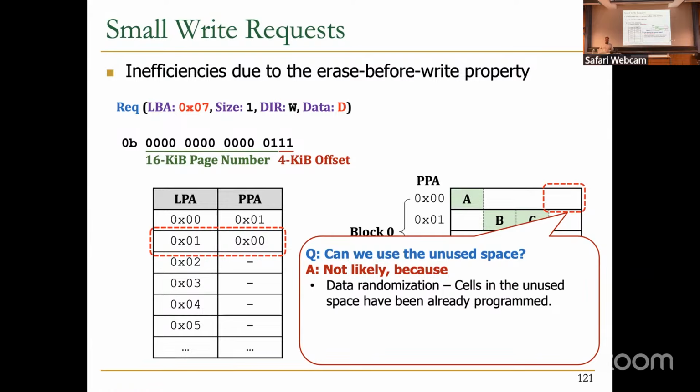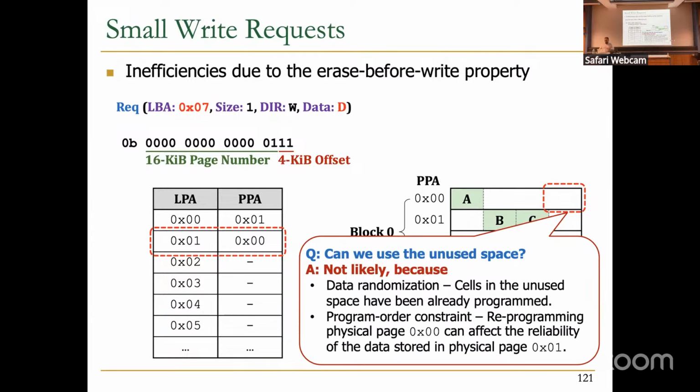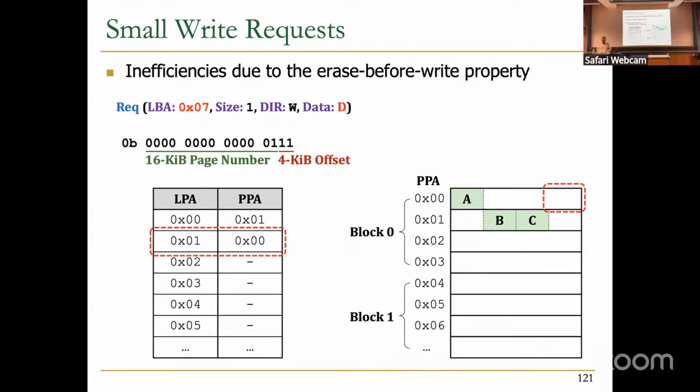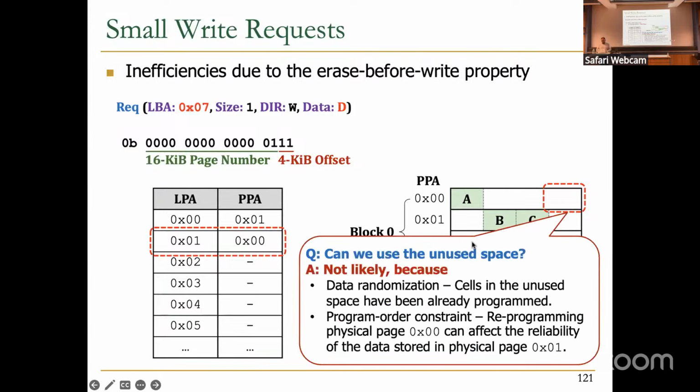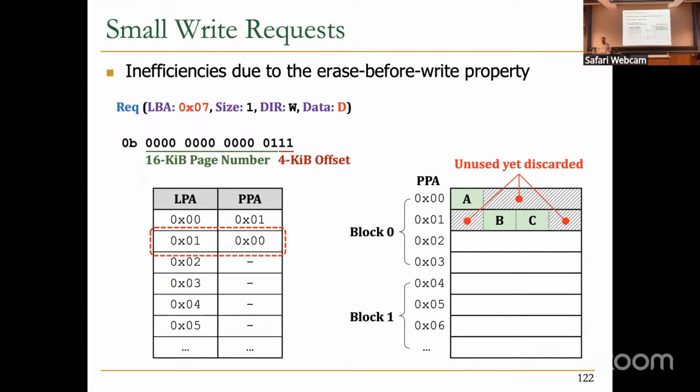That's the program procedure. And another thing is that the program order constraint is actually more important here. So we already write A, and then we write B and C at this other page. So if you want to write again at page 0, that's actually violating the programming order, which would cause reliability issues for B and C. So because of that, we don't do that, and we essentially discard.